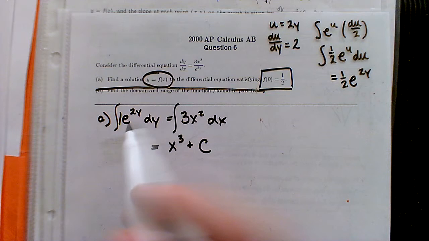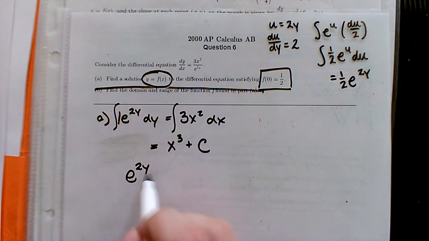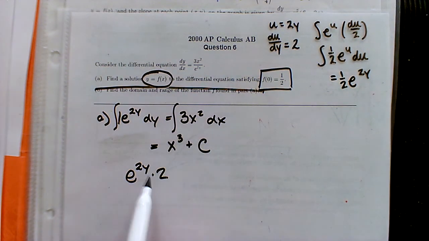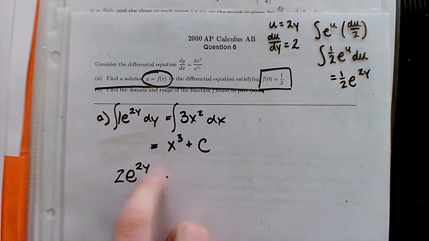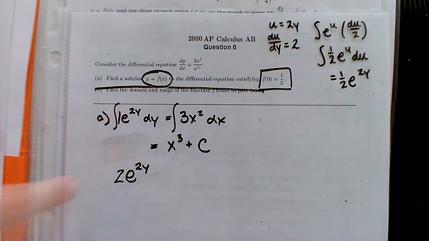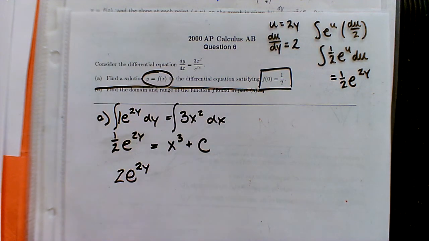But if you have just e to the 2y, the derivative would be e to the 2y times 2. Notice how the 2 we can move out front would be a coefficient of 2, but we need a coefficient of 1. So what do we have to multiply this by to turn that 2 into a 1? It would be the 1/2. So that's where that 1/2 is coming from out front.